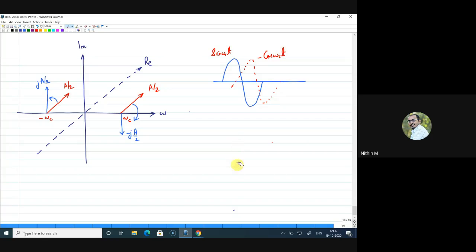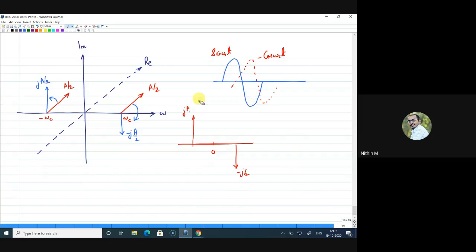Or just to picturize this, what we did before is a cosine, and to a cosine wave, if we do a 90° operation, it will be a sine, but if you apply it to a sine, you will get a minus cosine. So this is 0. And this is your minus, you can consider it as A by 2.